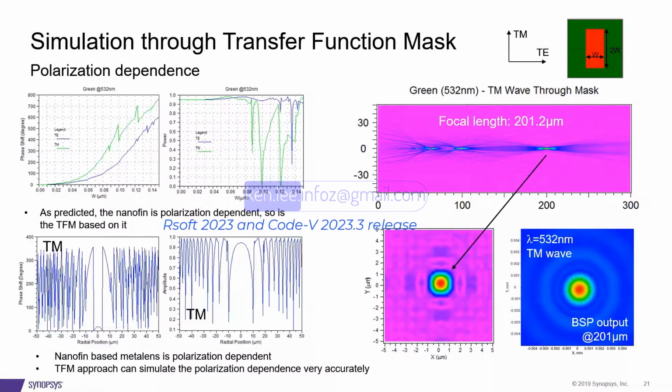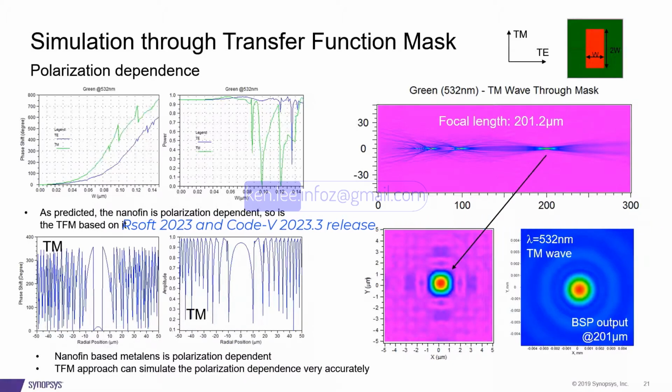With this, the BSP simulation algorithm also confirms the BPM result. So at this point, we can draw a short summary that: number 1, a nanofilm-based metalens is polarization dependent, and number 2, the TFM approach can simulate the polarization dependence very accurately.